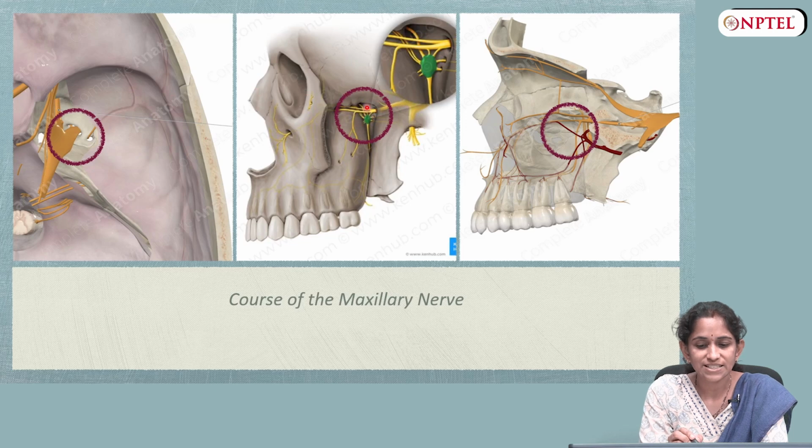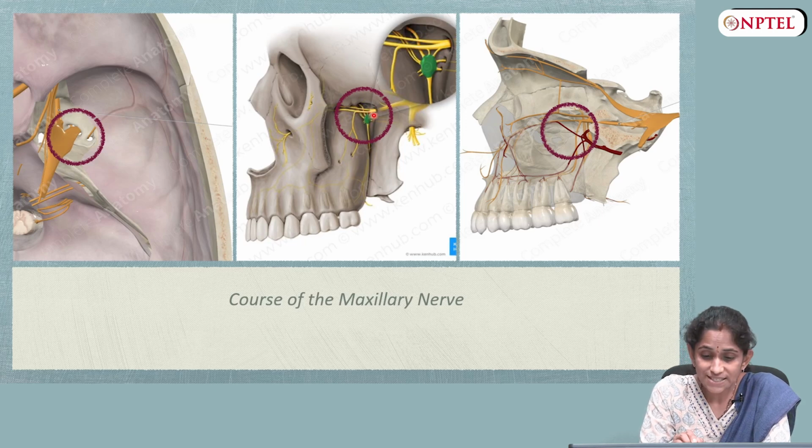The pterygopalatine fossa is bound anteriorly by the posterior surface of the maxilla. Posteriorly, it is bound by the pterygoid plates, and the medial boundary of the pterygopalatine fossa is the perpendicular plate of palatine bone.